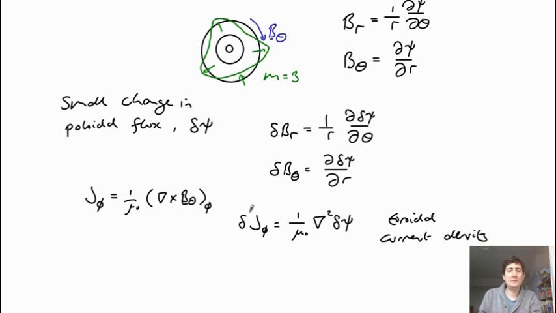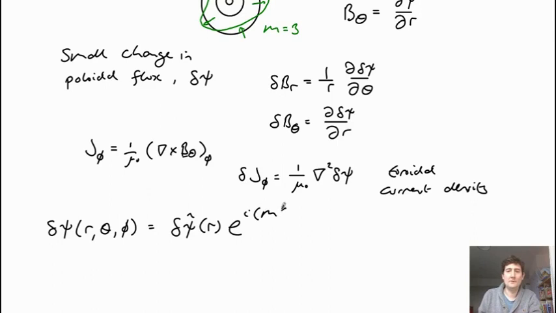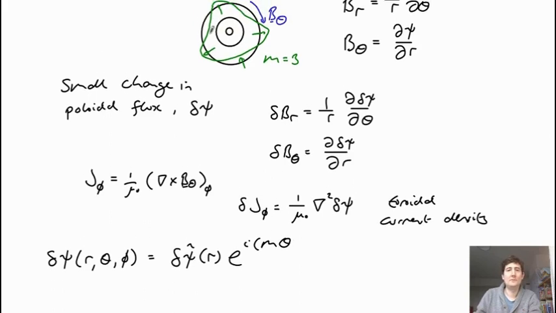What we can do now is assume a particular form of this change. So we're going to assume that the perturbation to psi, which in general depends on r and theta and phi, is just some function of radius times a Fourier series. So we just decompose it in terms of poloidal mode number m, which is what I drew up here, where this was m equals 3.